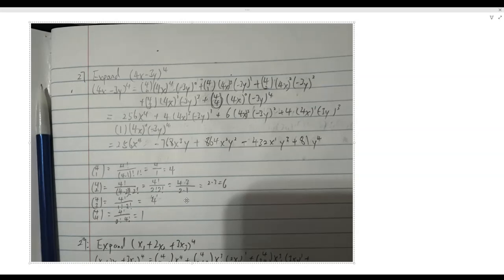Binomial is in pre-calculus. Let me take a screenshot first of my notebook. I think this one is it. Okay, so I can present 4x minus 3y plus 1 squared later.